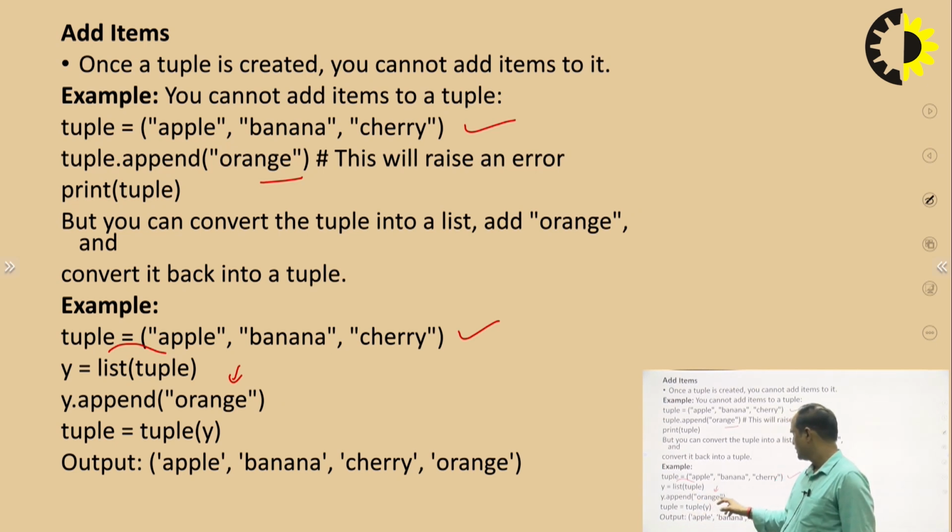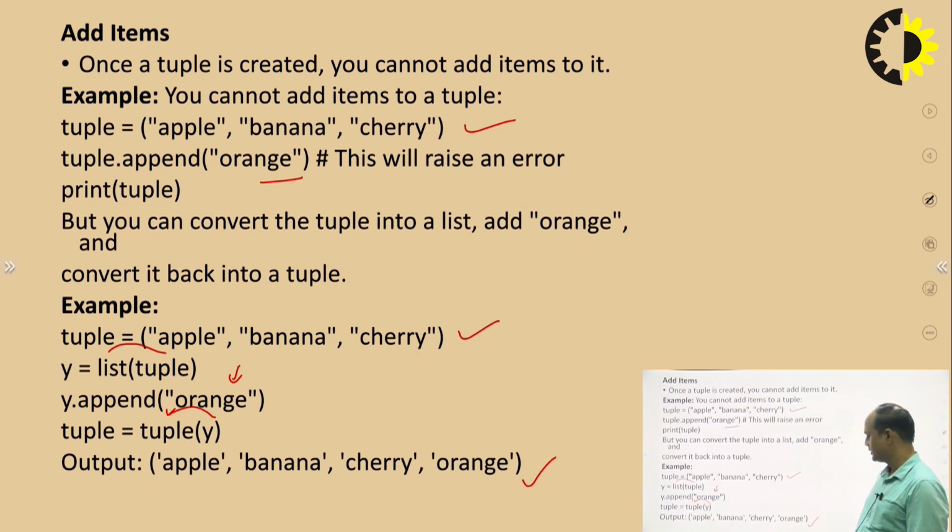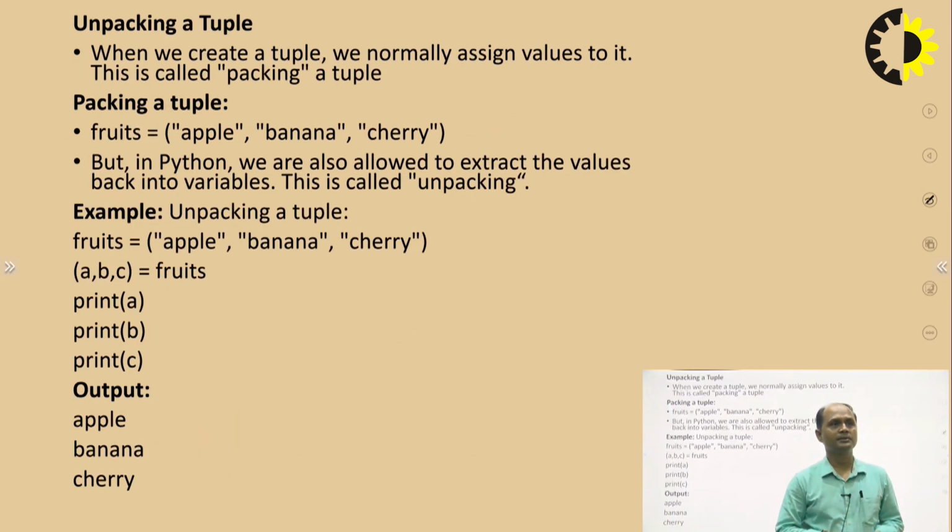After the change, we convert the list back into a tuple, and after conversion we can print easily. This way we can add any data item to a tuple, and we can also change or remove a data item in a tuple.